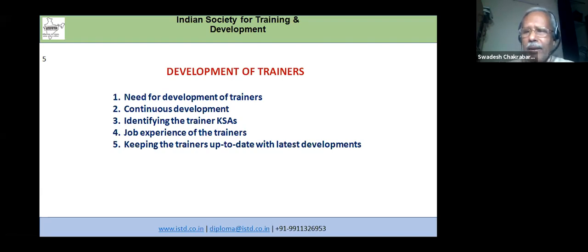We need to identify the trainer cases which are required from the particular trainer, for the group of trainers, for the particular level of trainers. We need to identify this. And after identification, that kind of input can be given to the trainer so that they can get developed.